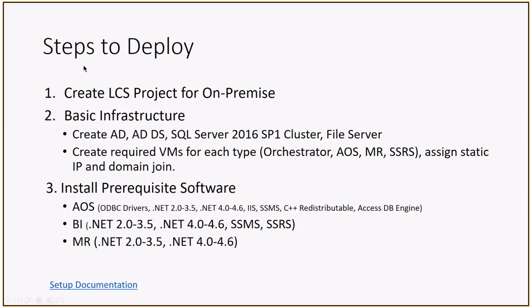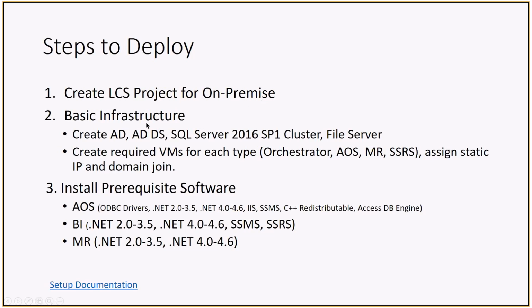So moving on to steps to deploy. Once you have your sizing, you can start looking at how to deploy a sandbox or production environment. For deploying, you need your LCS project for on-premises provisioned as a prerequisite.